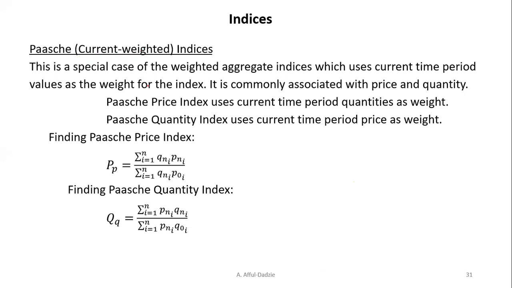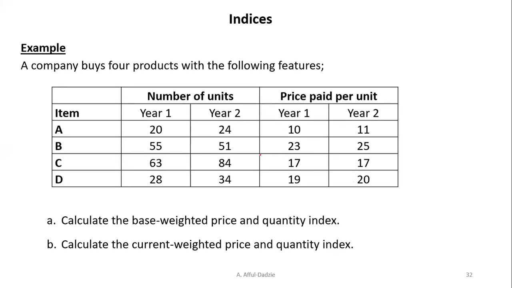So for the Paasche price index, you're going to use the current quantity as the weight. If you're computing the Paasche quantity index, then you're going to use the current price as the weight. Basic stuff. Let's get into this table here.